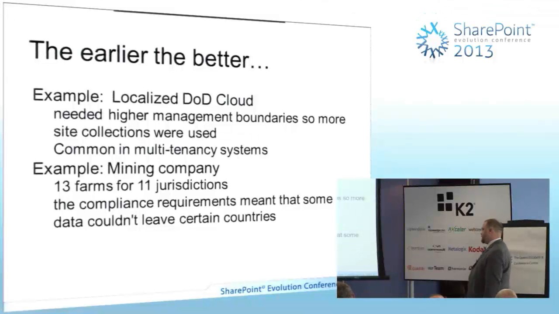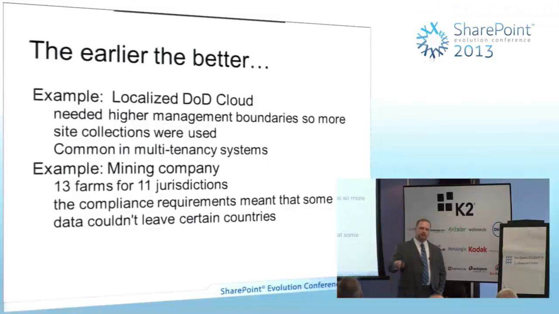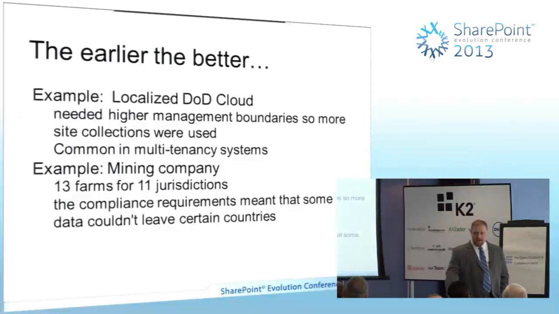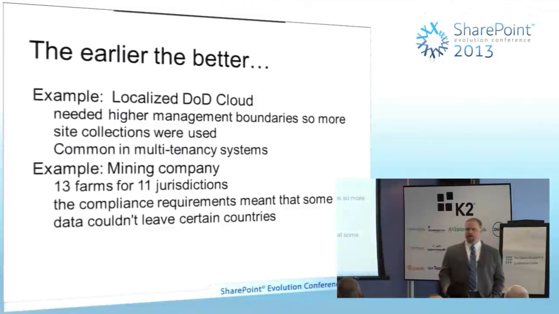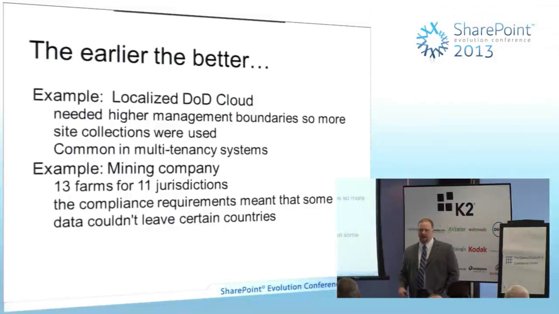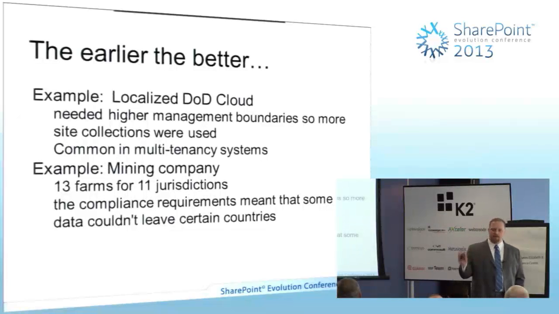Another example, a global mining company. We implemented 13 SharePoint farms in 11 different jurisdictions. Because at the farm level, could one farm probably handle the majority of them? Maybe one or two if it was just performance-based, right? If it was just the number of simultaneous user access requests that these front-end web servers could handle. But that wasn't the problem.